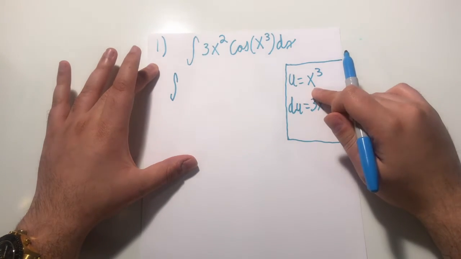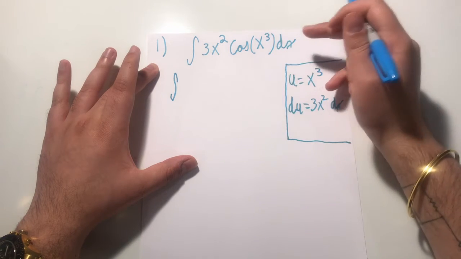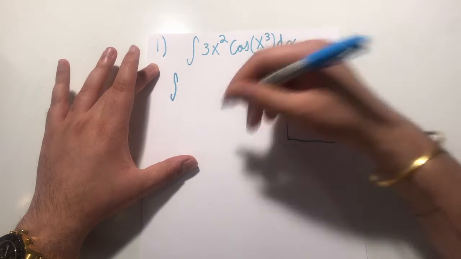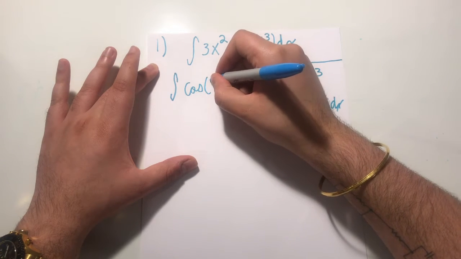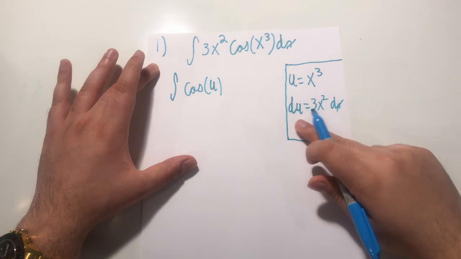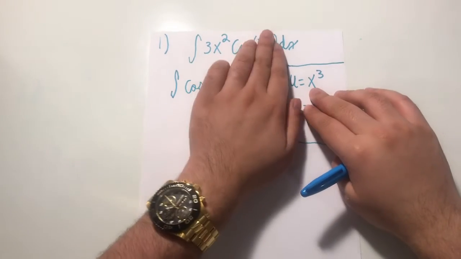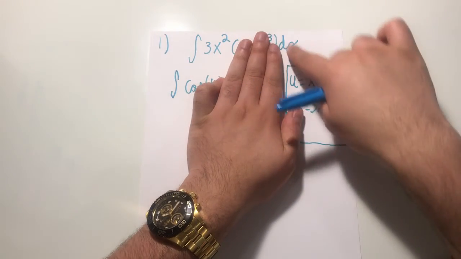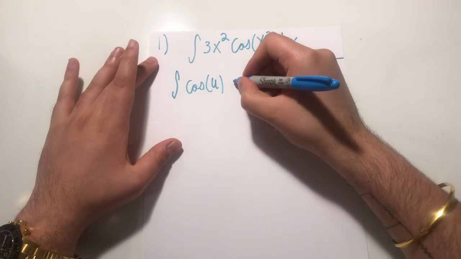So u is equal to x to the third, so we can replace this cosine of x to the third with cosine of u. And I know that du is equal to 3x to the second dx, which is exactly what we have left, this 3x to the second times dx. So now this is du.